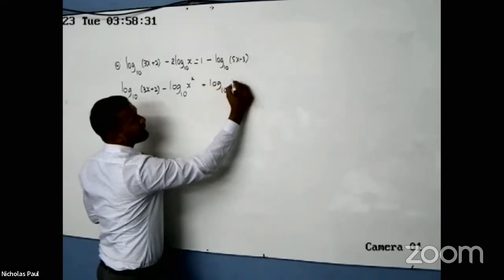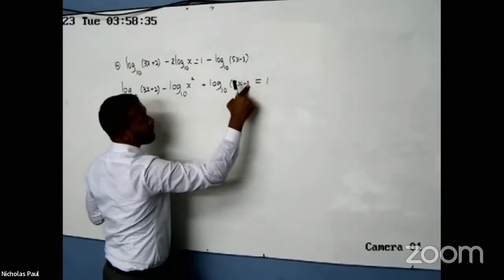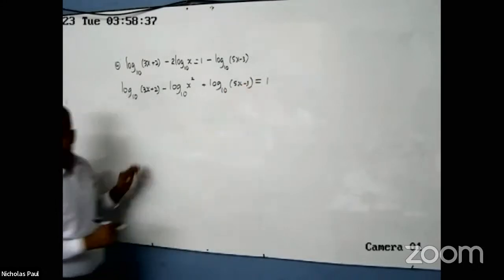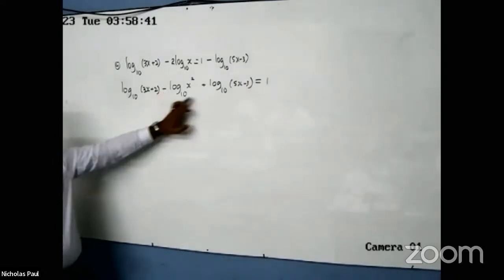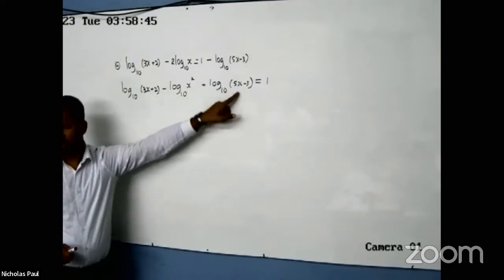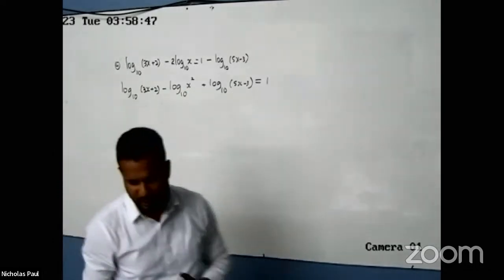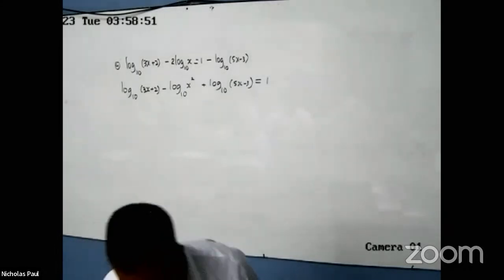Log to the base 10 of 5x minus 3 as well. Addition means you're dividing these 2 on here, multiplying this. Go ahead. I want to change the format a little bit just now. I'll give you one more time.